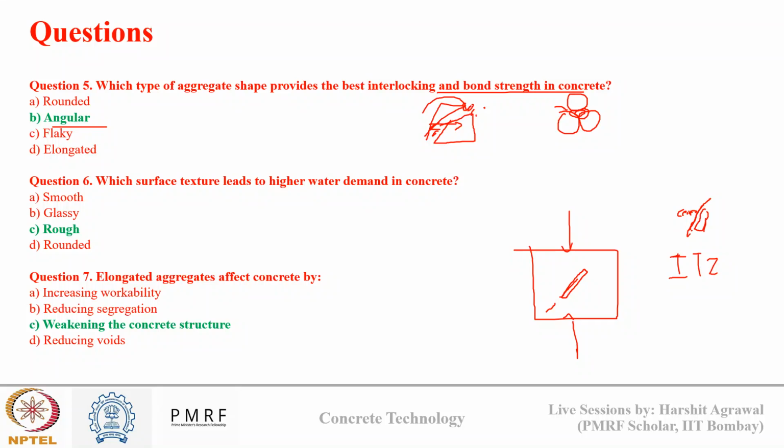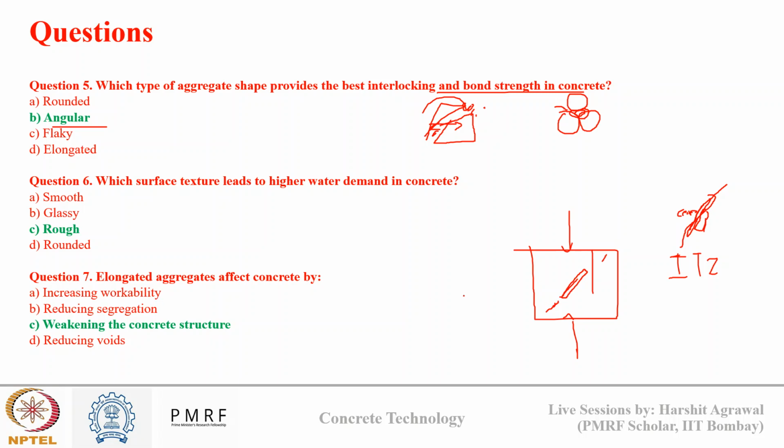Generally when we talk about cracking of concrete, we say that the crack goes through the ITZ. Once multiple cracks connect, they eventually cause failure of concrete.